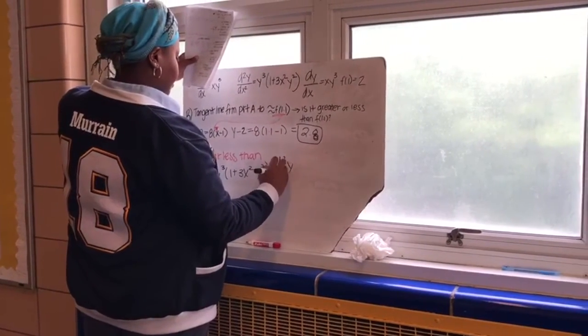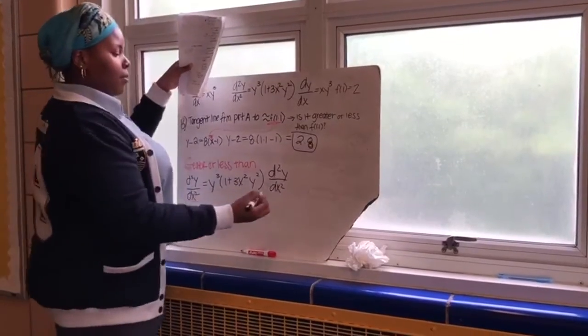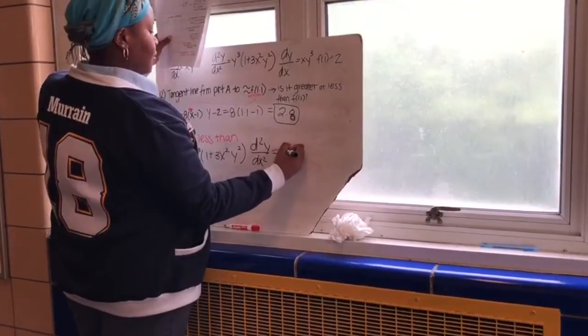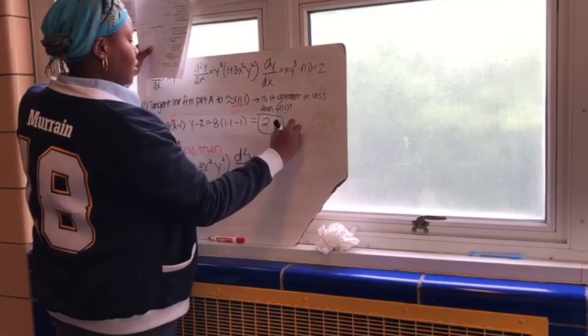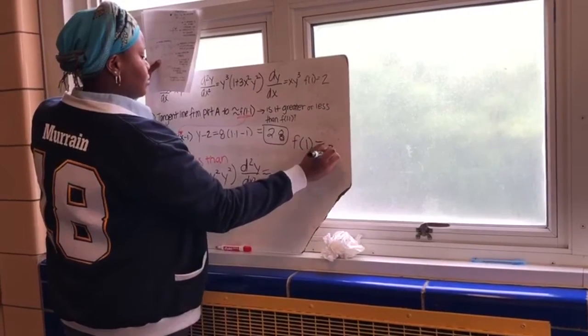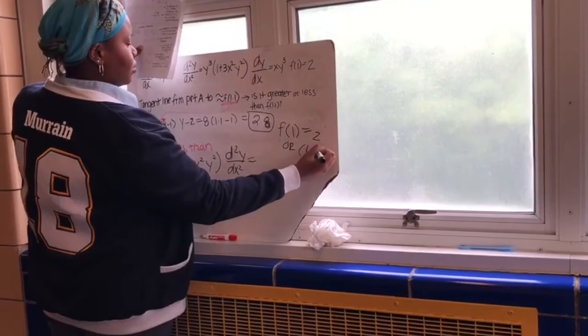So you're just taking the derivative twice of that equation, and you have to use the corner point 1, 2 as they gave to us previously in the problem alone.